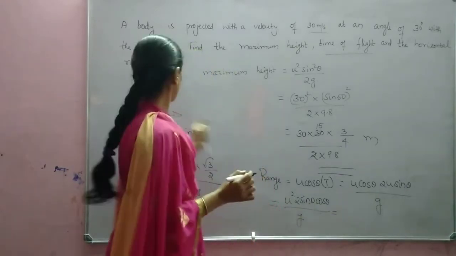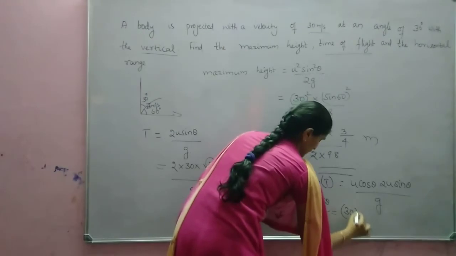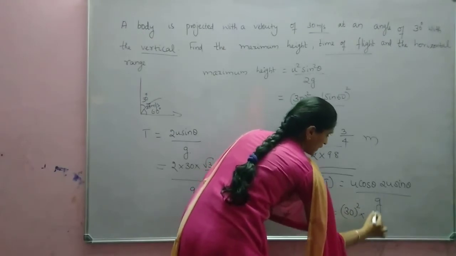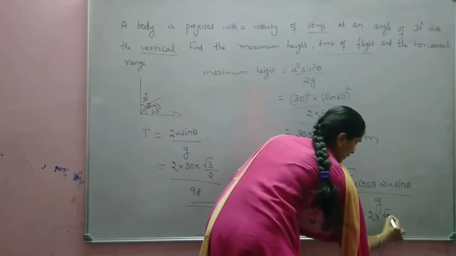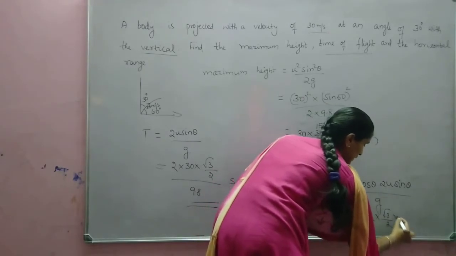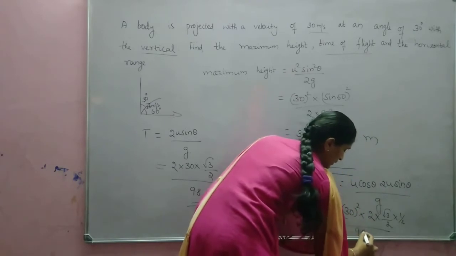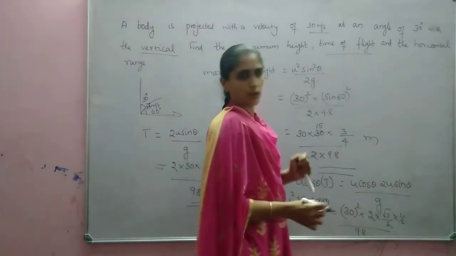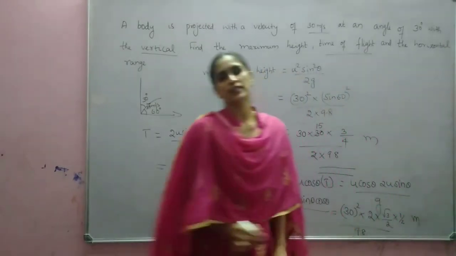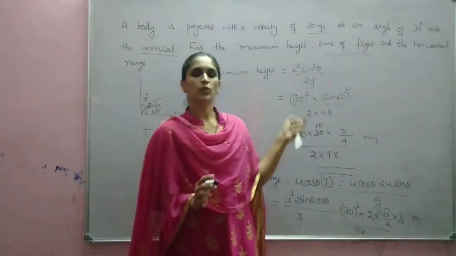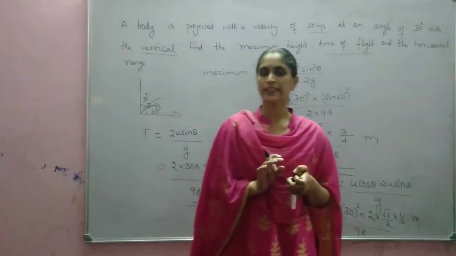U is 30, so you can write 30 square into sin 2 theta, sin 60 is root 3 by 2, cos 60 is 1 by 2, divided by 9.8. You have to simplify so that you will get the unit in meters, because all other quantities we are representing in SI unit. Is it clear?